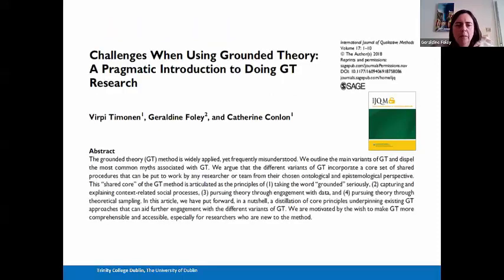This is just a quick example. Again, it's an article that I wrote a couple of years ago with colleagues in social sciences and social policy who also use GT method in different types of studies. And we wrote this, it's open access, so it's available free in the International Journal of Qualitative Methods, where we just, a very pragmatic paper, explain the key elements of GT, regardless of what school or variant of GT you are using, and what makes a GT study and what doesn't make a GT study.